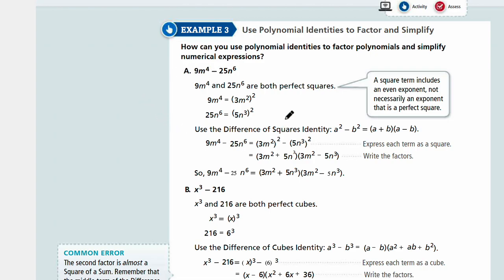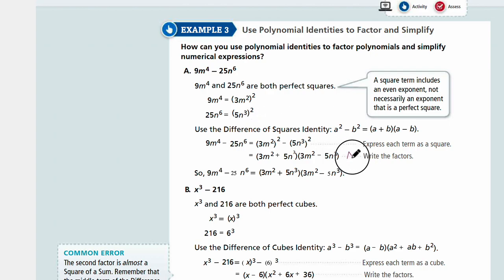Using A as 3m squared and B as 5n cubed, you can just rewrite it as 3m squared plus 5n to the cube power times 3m squared minus 5n cubed.